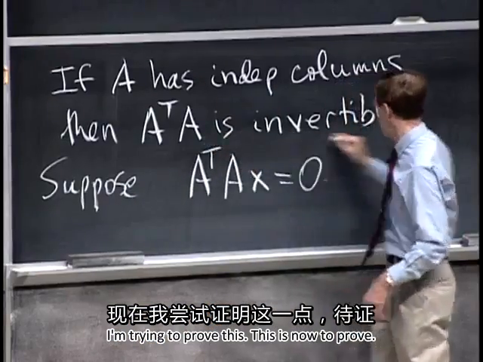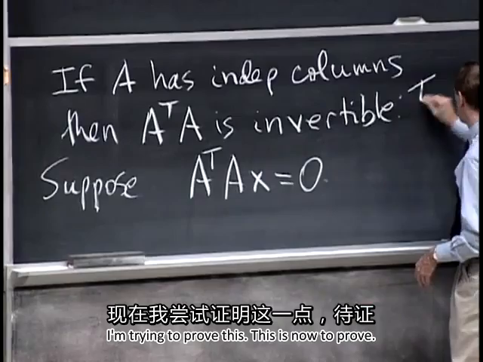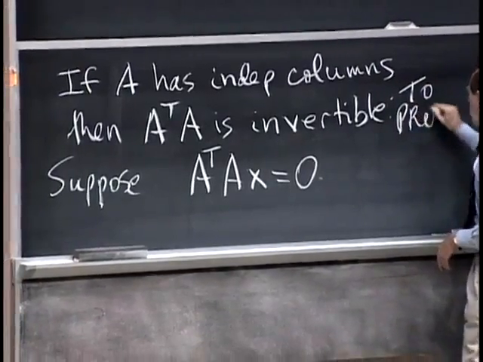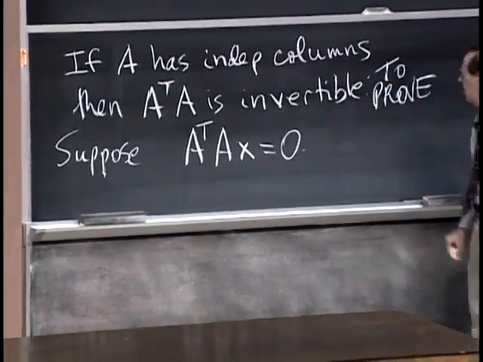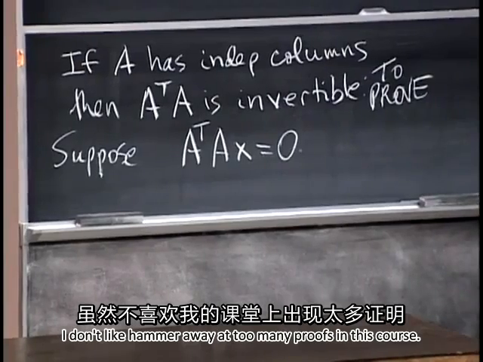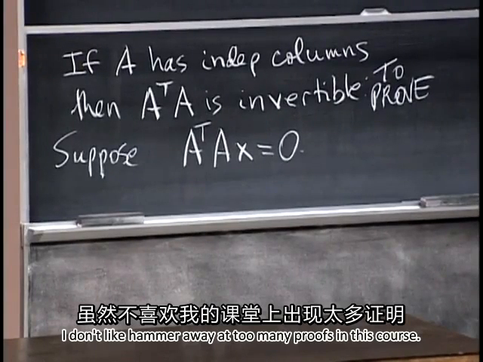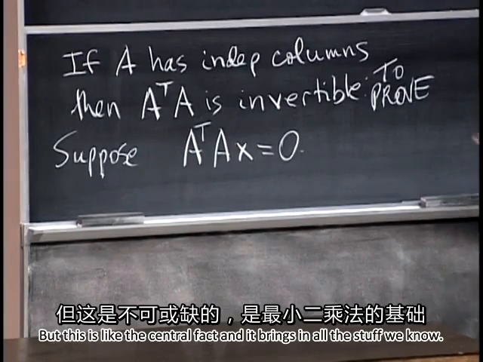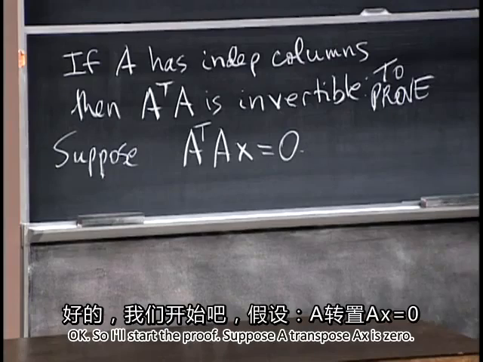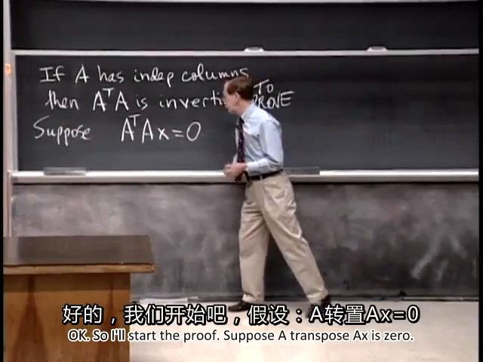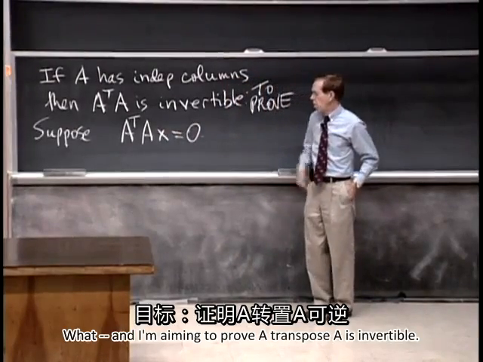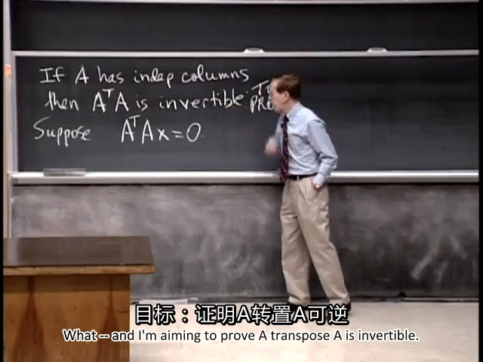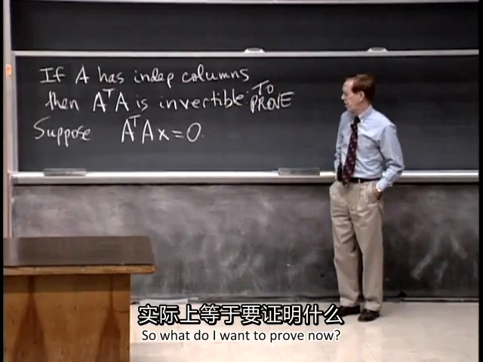I'm trying to prove this. This is now to prove. I don't hammer away at too many proofs in this course. But this is like the central fact, and it brings in all the stuff we know. Okay, so I'll start the proof. Suppose A transpose A x is 0. And I'm aiming to prove A transpose A is invertible.